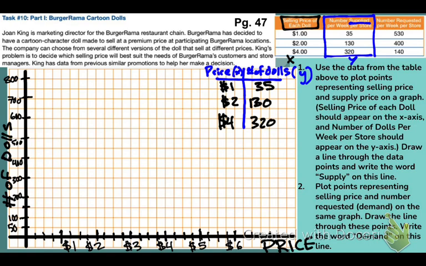So my first pair is $1 and $35. I'm going to go down and I see I have $1. And if I am looking at my y-axis, $35 will actually be pretty close to my x-axis because we're going up by 50s.